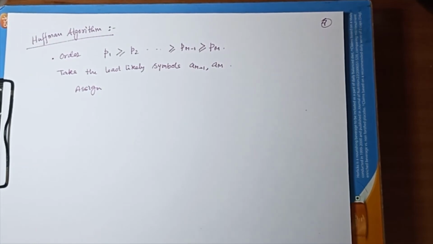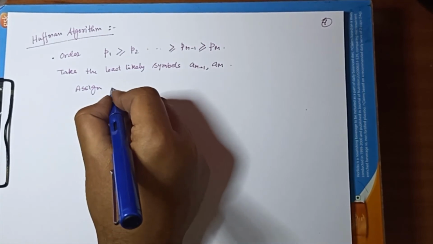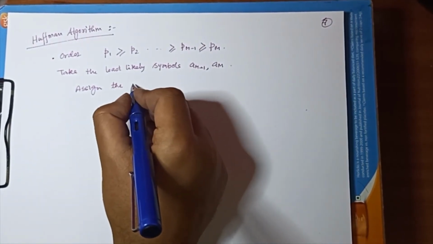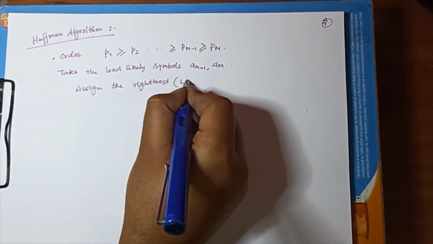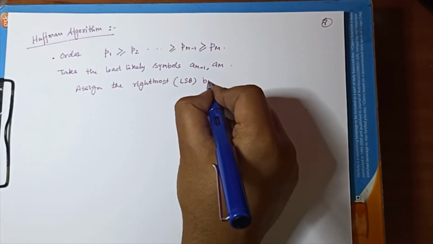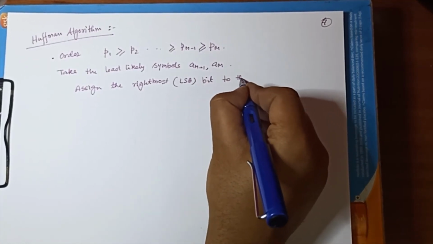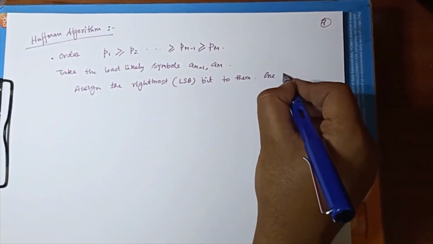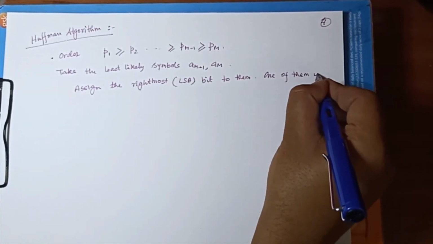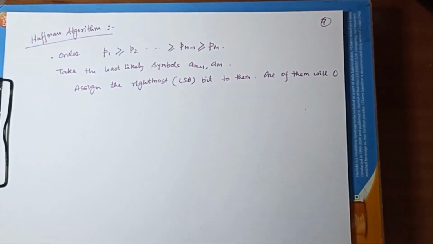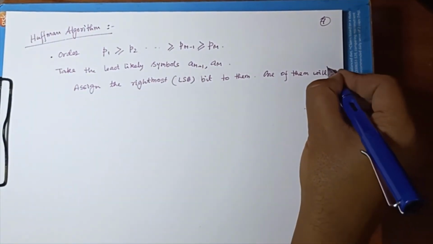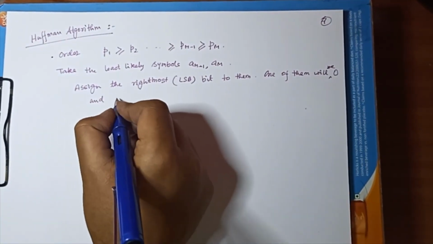Maximal length means I will assign the LSB, the last bit, the rightmost bit, the least significant bit, to them. So one of them will be 0, the other will be 1, without loss of any generality. There is no restriction on which one will be 0 and 1. 0 and 1 are just two symbols, so one of them will be 0 and the other one will be 1.